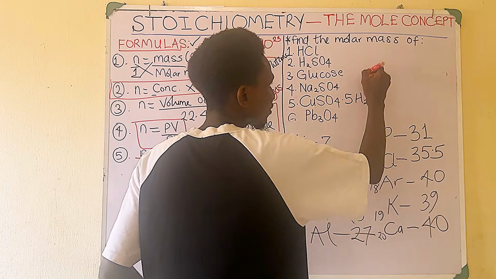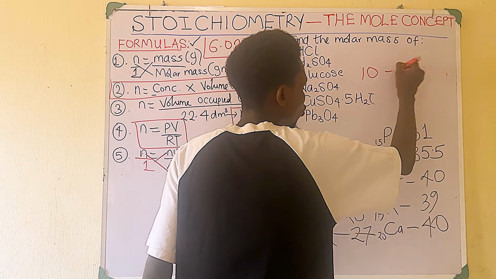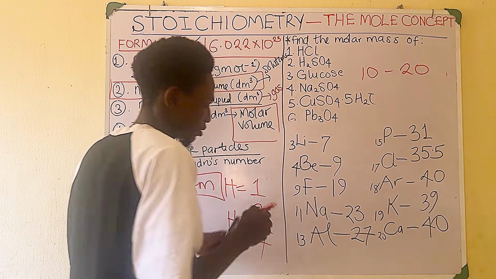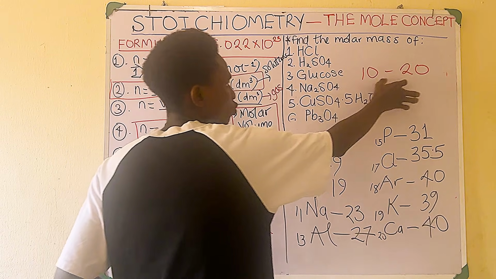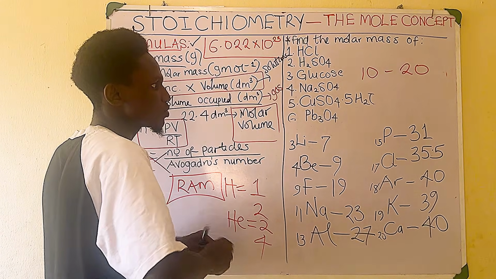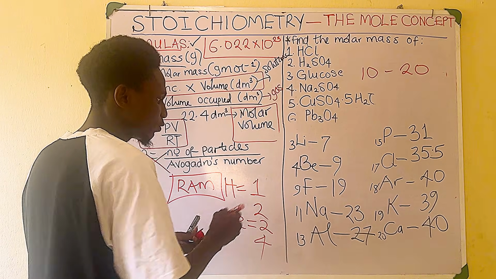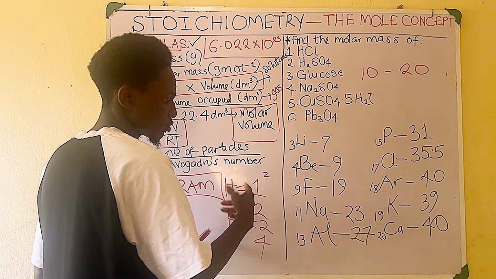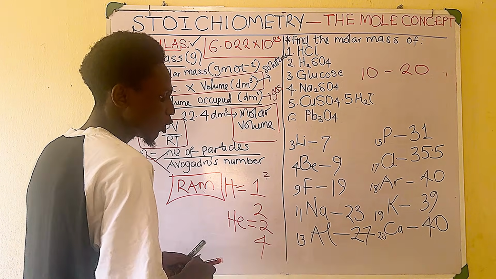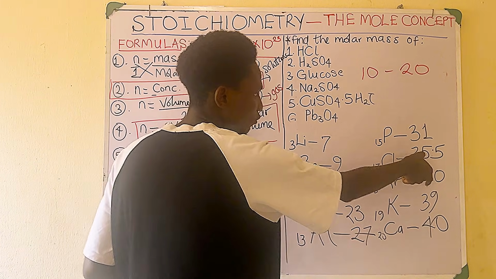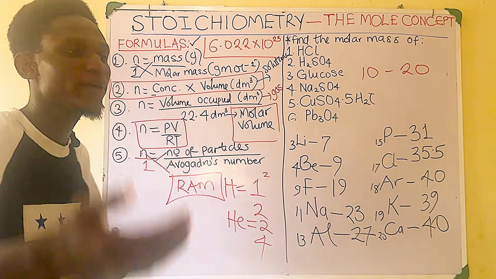Now for atomic numbers between 10 to 20, the odd elements, for instance, 11 is an odd number, 13 is an odd number, they don't follow the times 2, the double method.